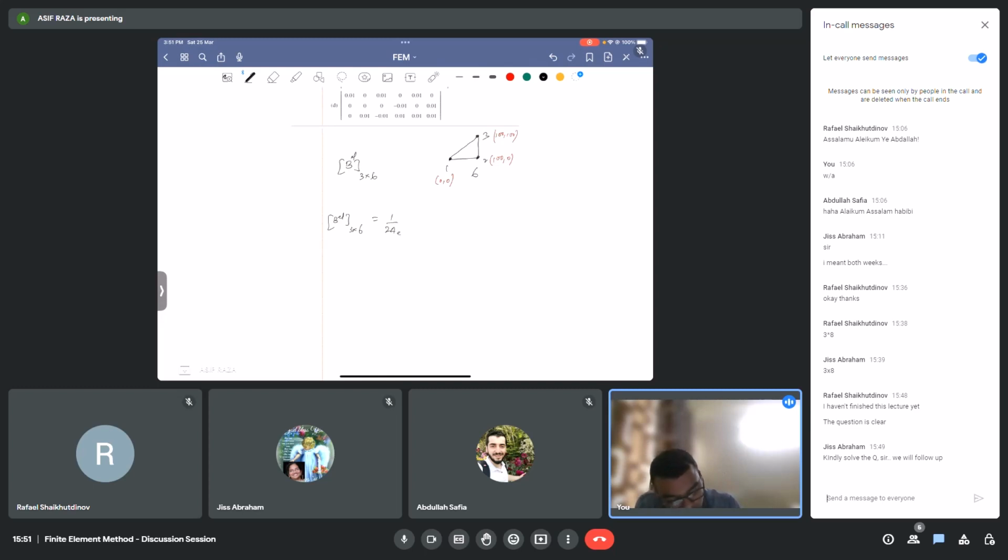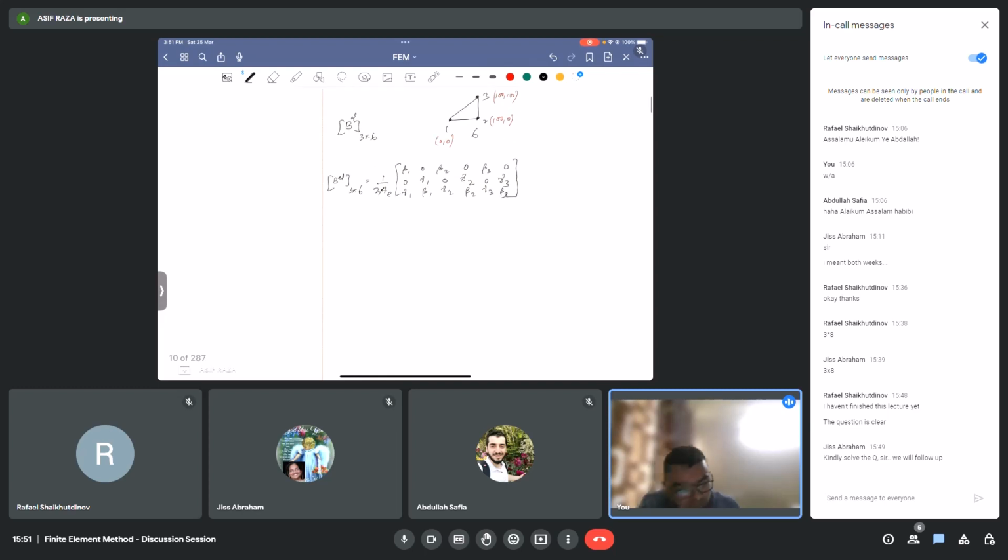It's given by 1 upon 2 AE, where AE is the area of the element, times the matrix with rows beta 1, 0, beta 2, 0, beta 3, 0; then 0, gamma 1, 0, gamma 2, 0, gamma 3; and gamma 1, beta 1, gamma 2, beta 2, gamma 3, beta 3.